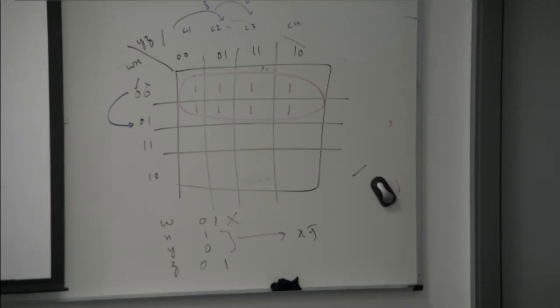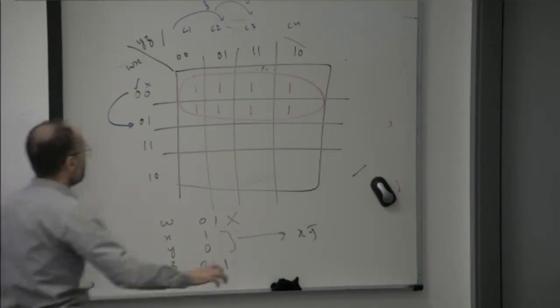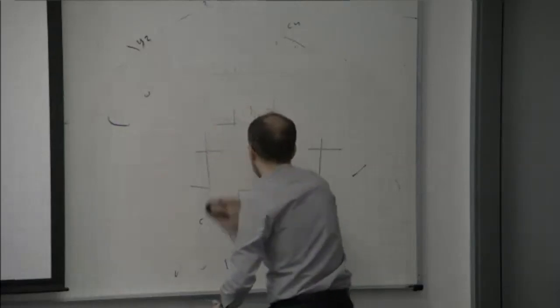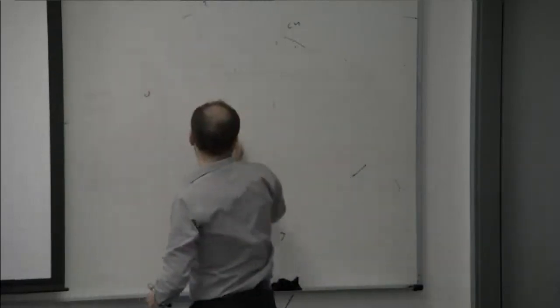Okay, now we have all these things. Please look at here. When we have 8 squares, how many literals? Now I am again repeating, this is a very important concept.